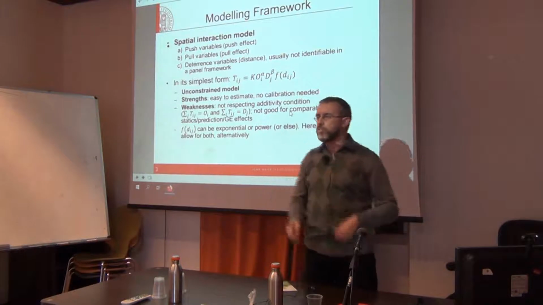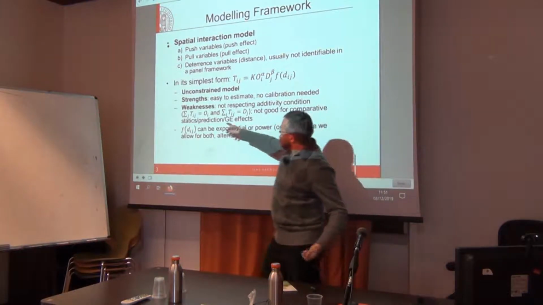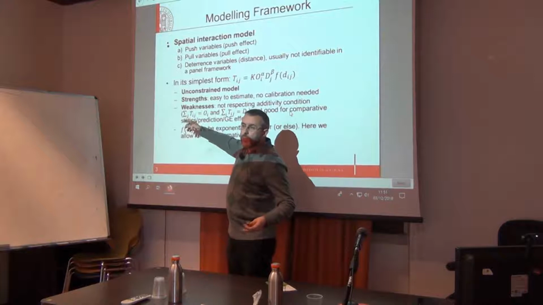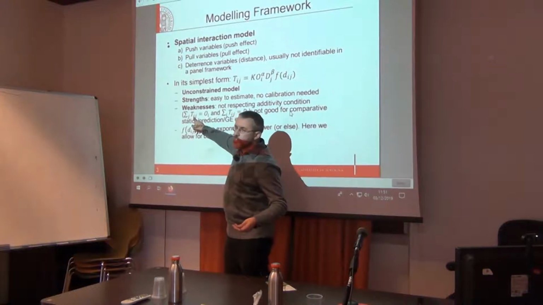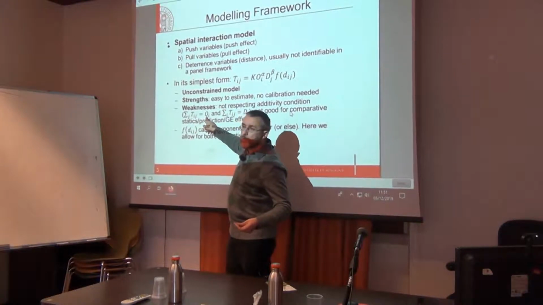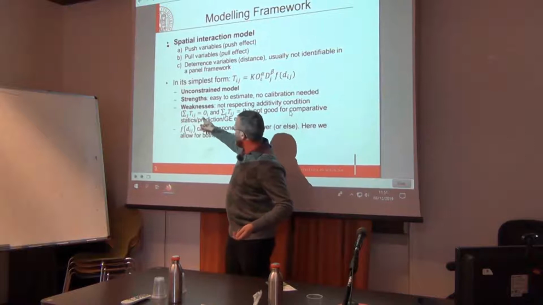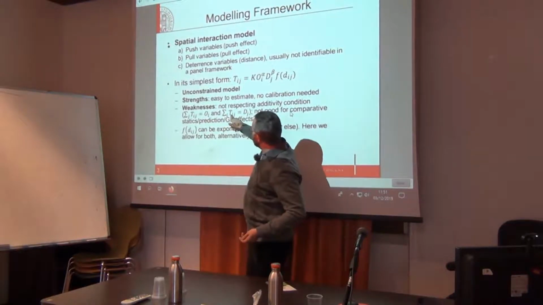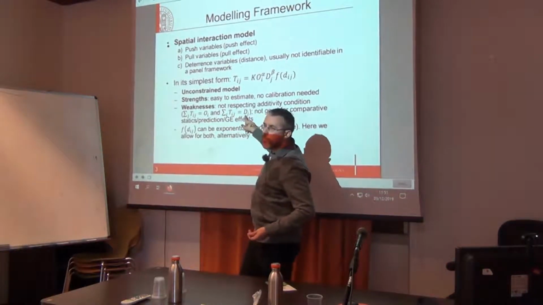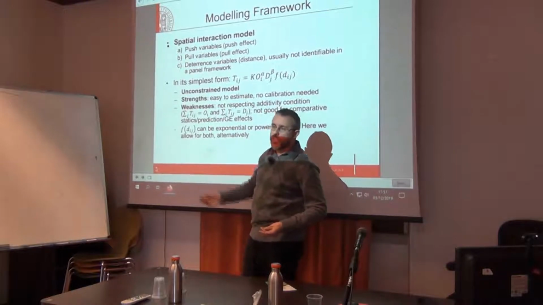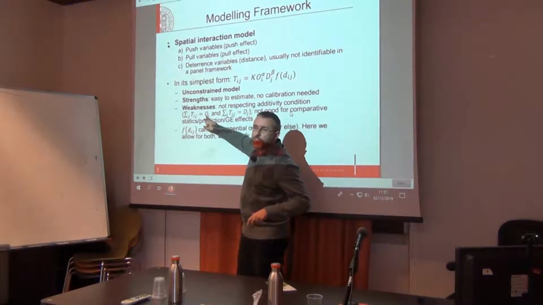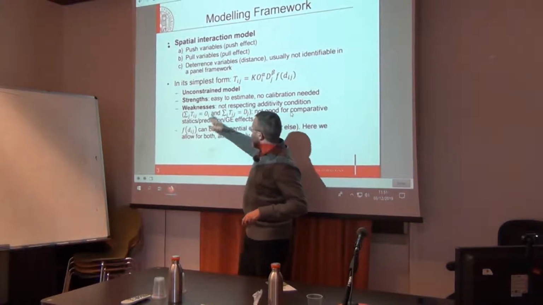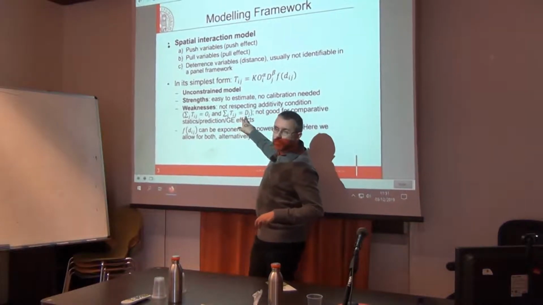you basically have double entry bookkeeping, double entry tables, in which you have to respect the marginal sums of the matrix. So the sum over J of the flows from region I has to sum up to the total number of people living in region I. The sum over I of Tij has to sum up to the total number of opportunities in region J. For example, if it's commuting, it's resident workers of every region and number of jobs in every region.